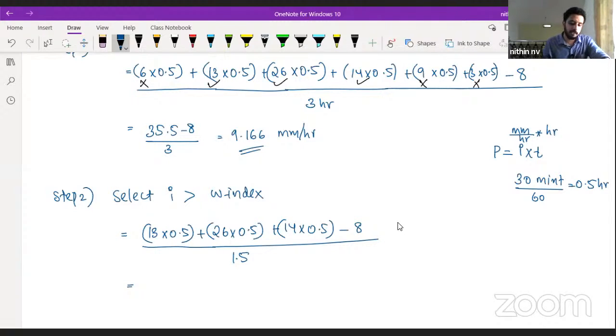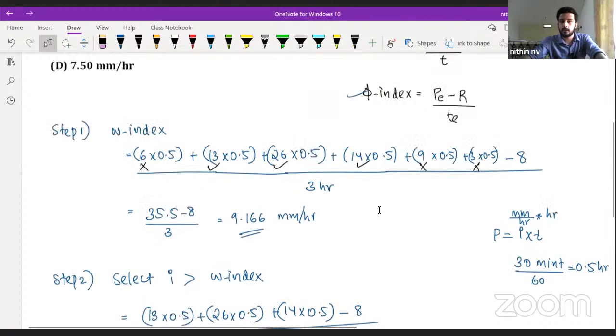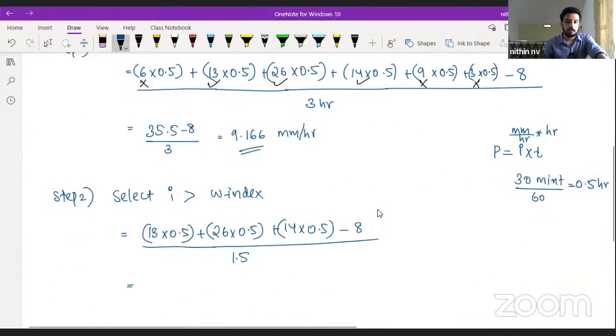Tell me what the answer is. What are you getting finally? 12.33 mm per hour. Are you getting the answer, everyone? Is it 12.66 or 12.33? Check your calculation.